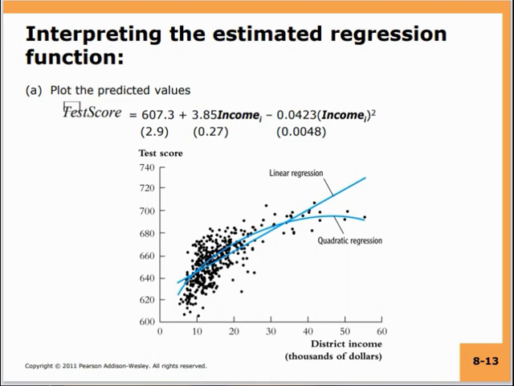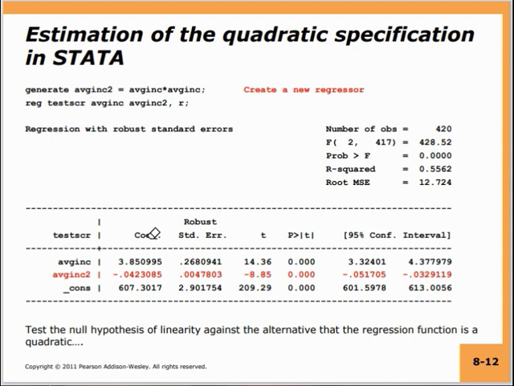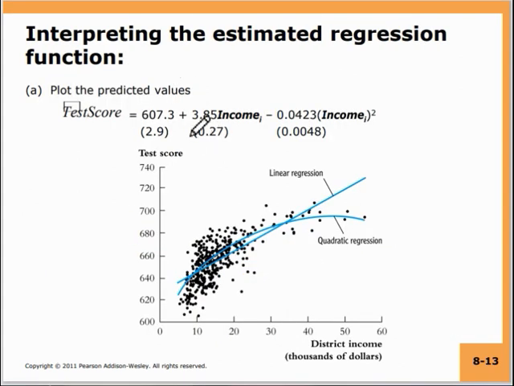So if you get this, 607.3 plus 3.85 income, if you look at your numbers, this is 3.85 over here, and this is minus 0.04 income square. That is what you are getting over here. You get 3.85 income minus 0.04 income square, and these are the associated standard errors, and both of them are statistically significant.